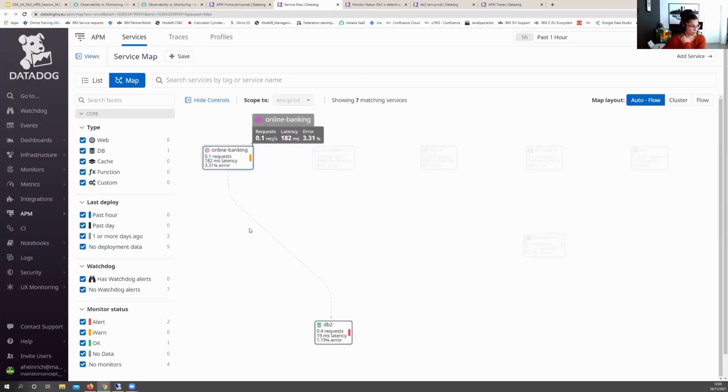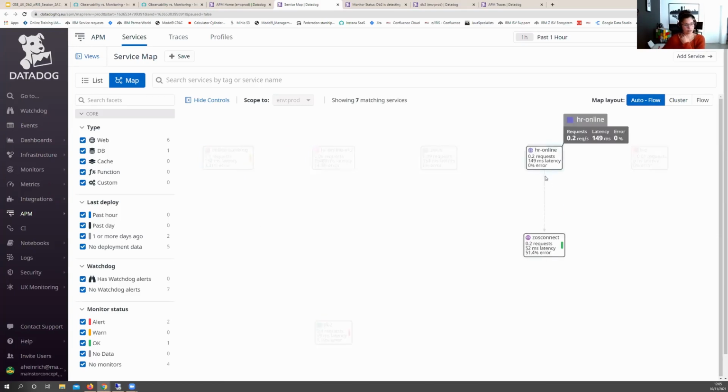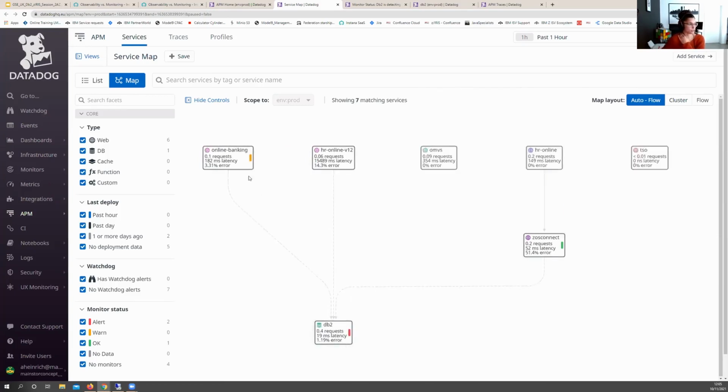So that's the map. All of this has been integrated into the Datadog service map using OpenTelemetry. And the mainframe components here are also being observed using OpenTelemetry.